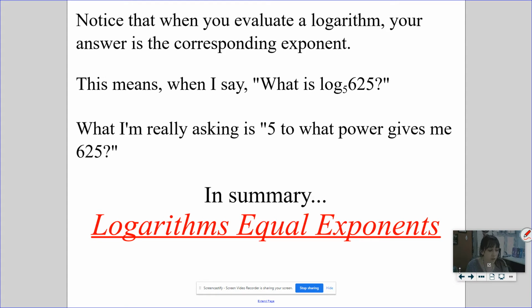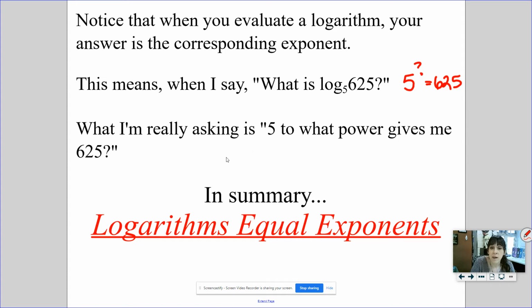Okay, here's another thing to go over, and I'm going to keep going over this a lot because this is very, very important. When you evaluate a logarithm, your answer will represent an exponent. Here's what I mean. If I say, what is log base 5 of 625? What I really am asking you is 5 to what power equals 625? That's what I'm really asking you when I present a logarithm to you.